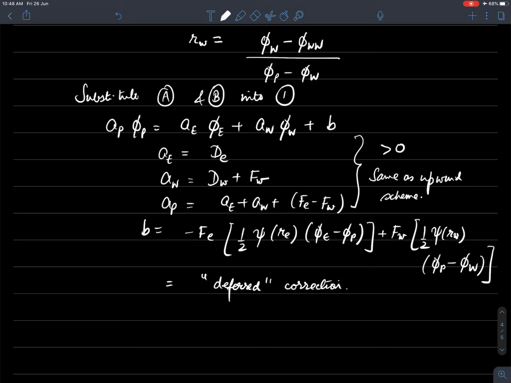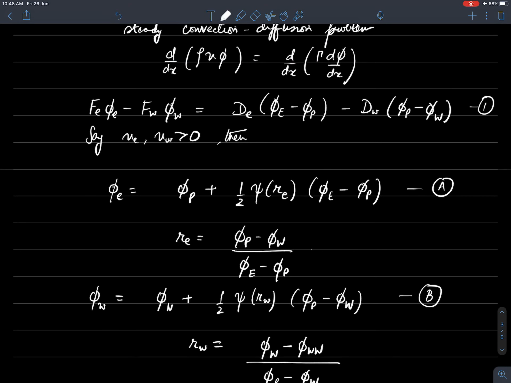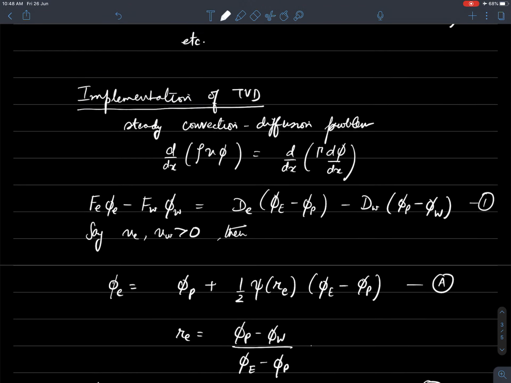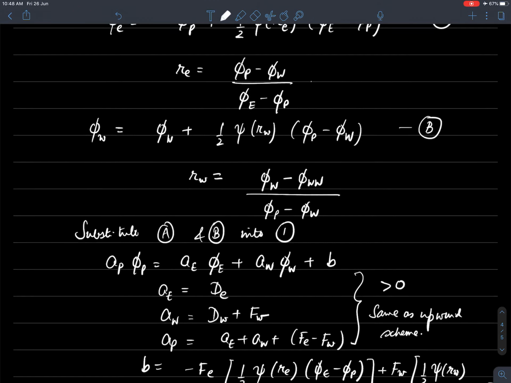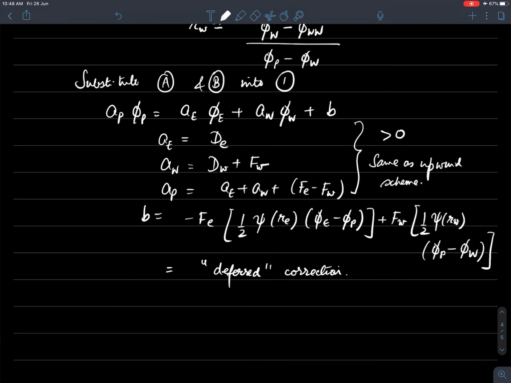So by doing it in this form, and by choosing a flux limiter function, of which we have now given two examples, we are ensuring that we have no non-physical undershoots or overshoots in the solution. The only thing that we are now incurring is that the solution has to be obtained using iterative methods.